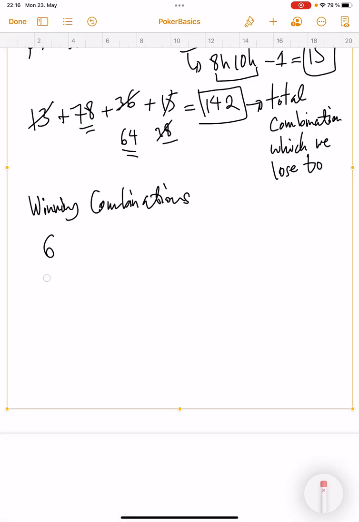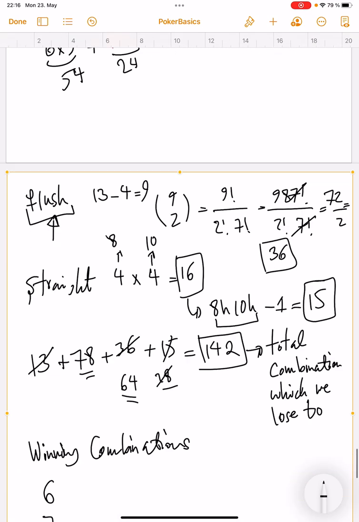Okay, wait a second. So 6 we are winning, 7 we are winning, 9 we are winning. Ace we are losing if he has a pair of aces, because we have only jack, and we didn't consider this in these combos.